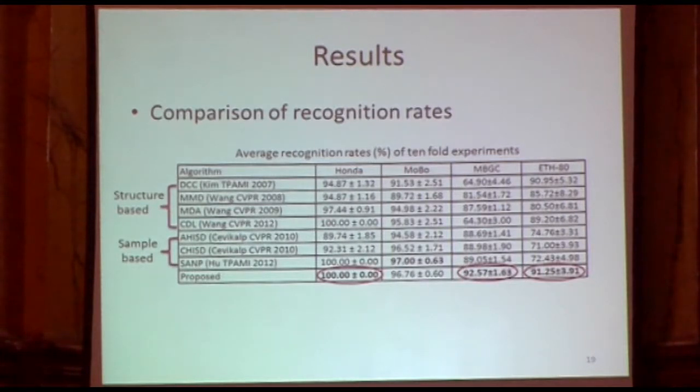In the case of structure-based algorithms, they perform poorly on MBGC periocular data because the images in each set are quite few. And sample-based algorithms perform poorly on the ETH80 database. As can be seen, our algorithm has performed equally well or better than most of the previous state-of-the-art algorithms on most of the databases.